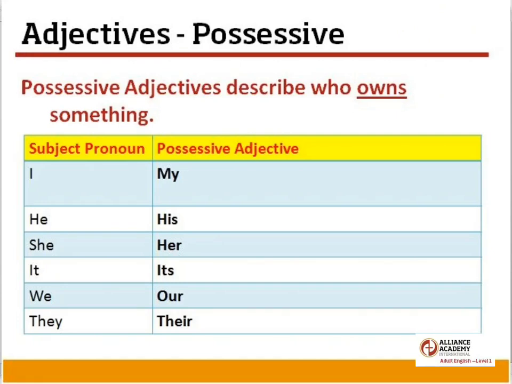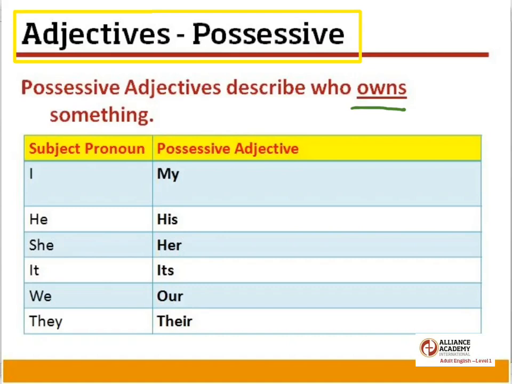Let's talk about possessive adjectives. Possessive adjectives describe who owns something. So here is our subject pronoun. The possessive adjective is on this side. My, his, her, its, our, their.